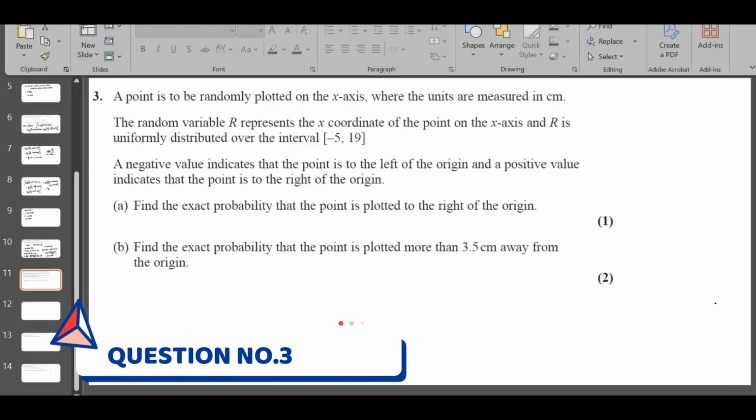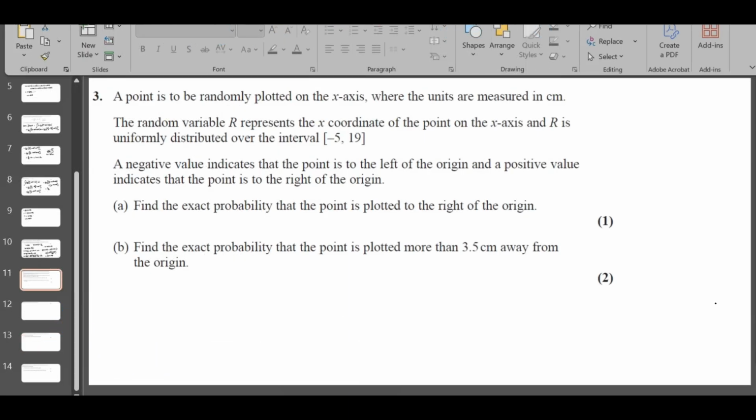Question number 3 now. A point is to be randomly plotted on the x-axis where the units are measured in centimeters. Okay, let's say this is the x-axis. The random variable R represents the x-coordinate of the point on the x-axis, and R is uniformly distributed over the interval -5 to 19.